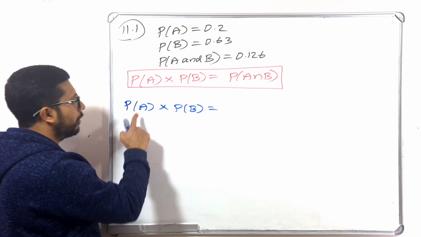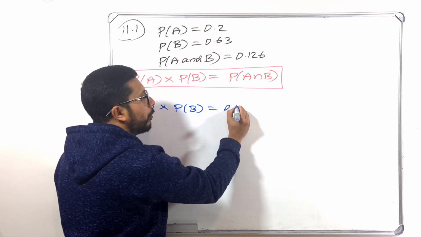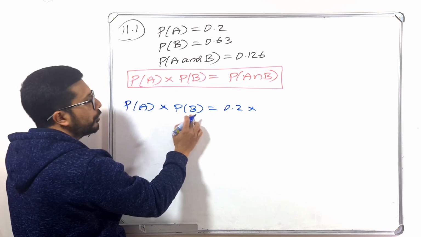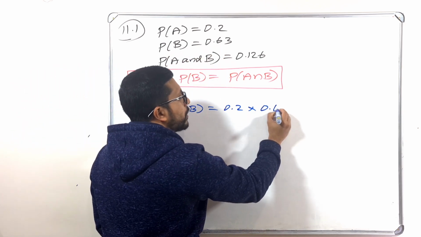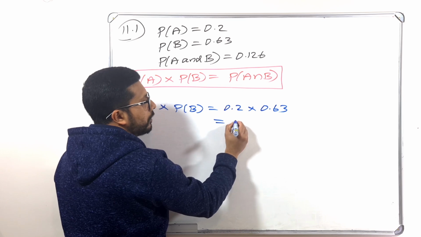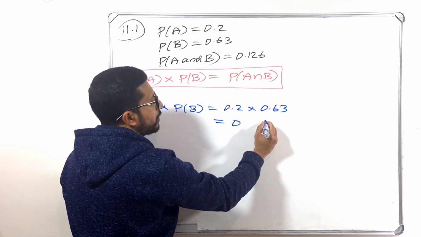What is probability of A? 0.2. So it is 0.2 times, what is probability of B? 0.63. What is the answer? Use your calculator.